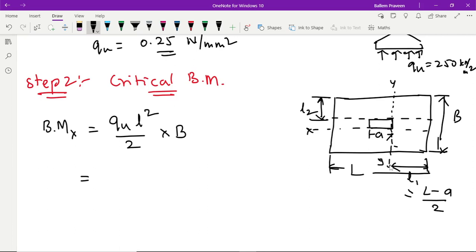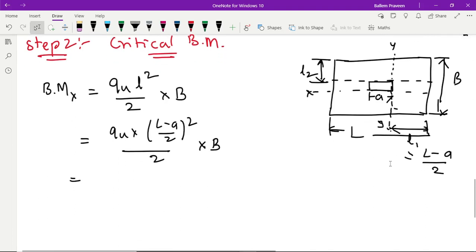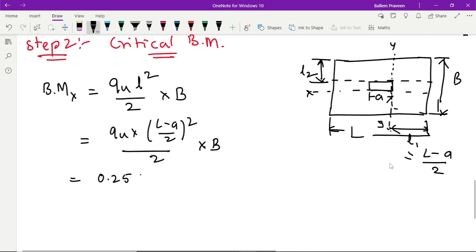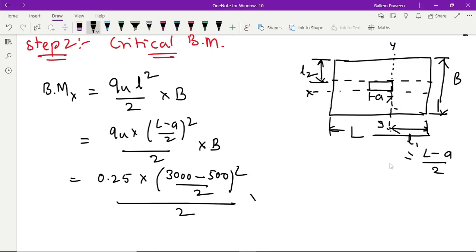Let us substitute these values: QU into L minus A divided by 2, squared, divided by 2, into B. QU is equal to 0.25, substituting in Newton per mm square, into the L value. We have provided 3 meters, so 3000, minus the A value, 500, divided by 2 squared, divided by 2, and B is 2000, right?